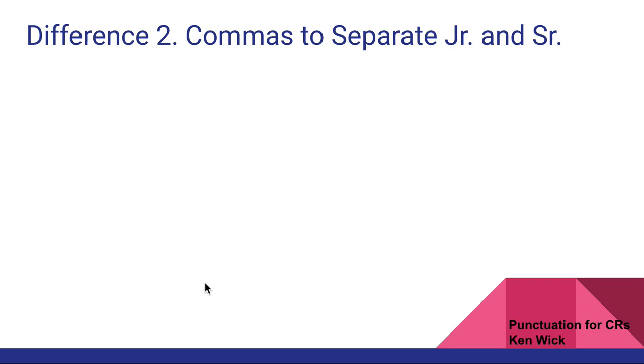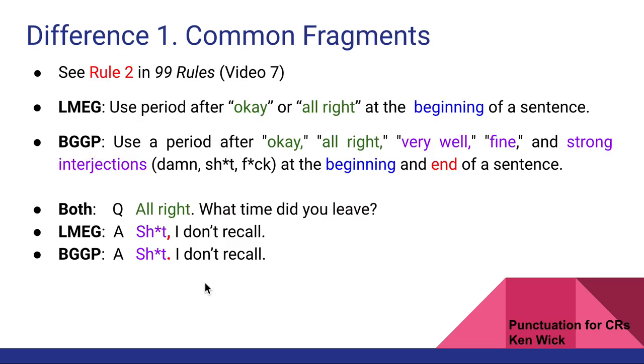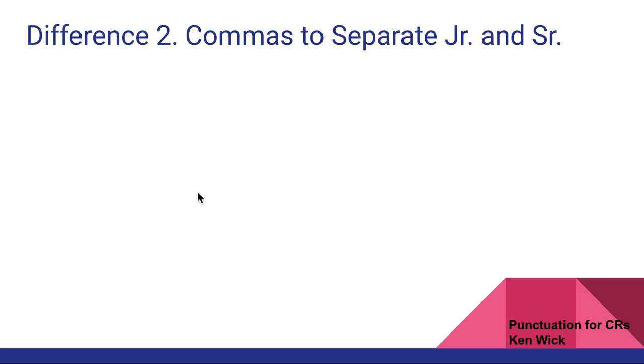Difference number 2, and I'm just going through these quickly. If you want to see these rules in more detail, please refer to the video or the rule in the book. Difference number 2 is rule 16-1 in the 99 rules, video number 13.